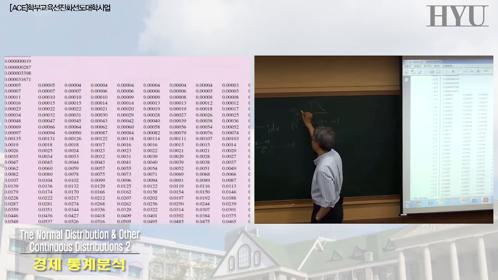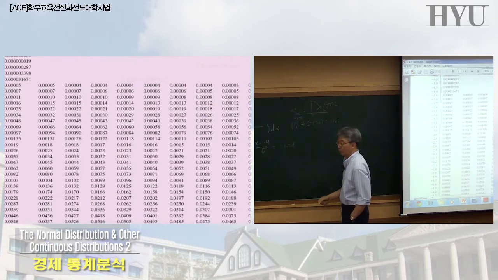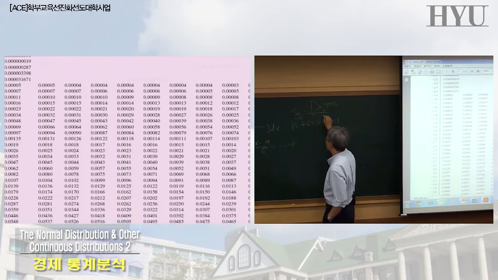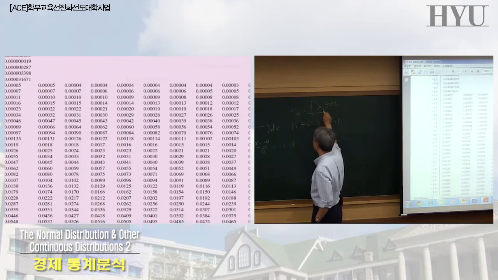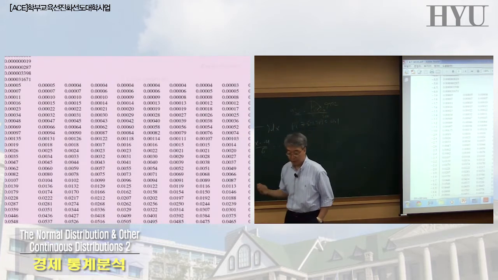This side is equal to this side, right? So if this is 0.9772, okay? And let's say that was 2.0, and we are looking for this area, right?